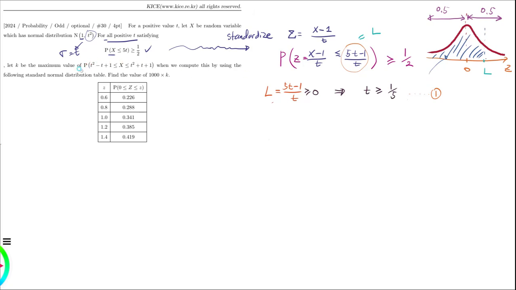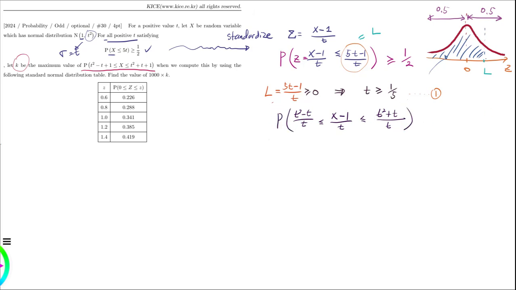And second, we deal with this probability, which depends on the value of t, and we want to know its maximum value here. So let's standardize this random variable x by the same method, and then we'll get t squared plus t over t. 1 is cancelled here, and t squared minus t over t.